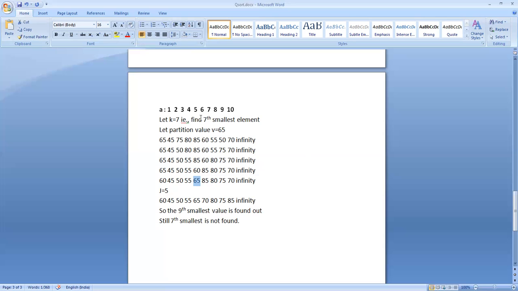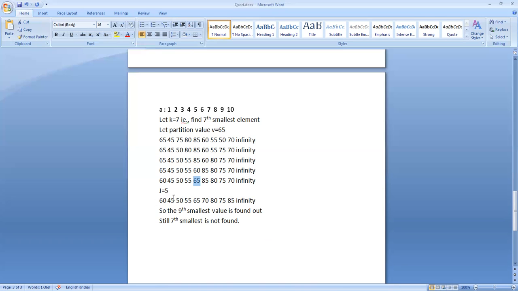Instead, we have found the fifth smallest value. So we have to repeat the process again. Where can you find the seventh smallest value? Certainly not here, but somewhere here. From here, you have to find the seventh smallest value.